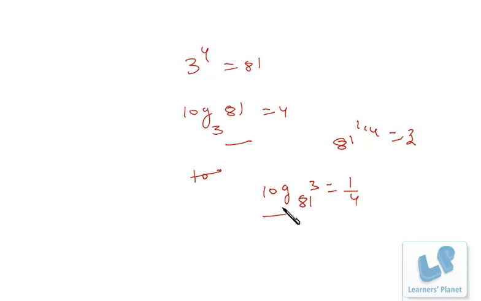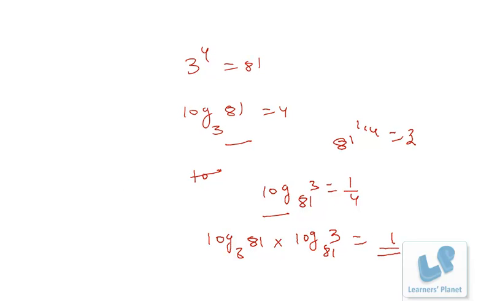Now if you multiply both of them, log 81 to the base 3 and log 3 to the base 81, it will be 4 into 1 by 4, that's 1, right? So log a to the base b into log b to the base a will be 1, right?